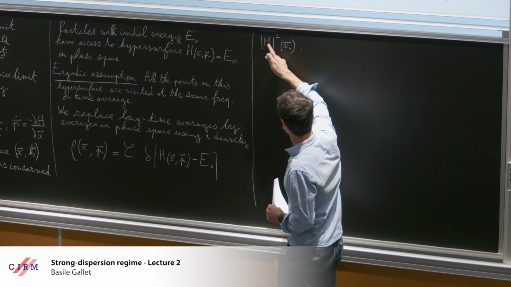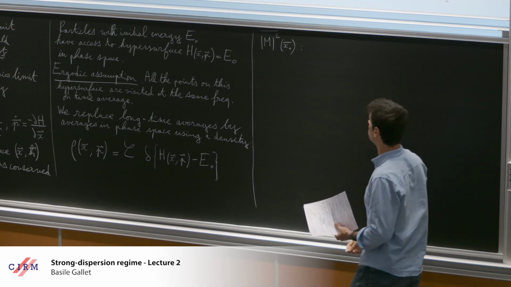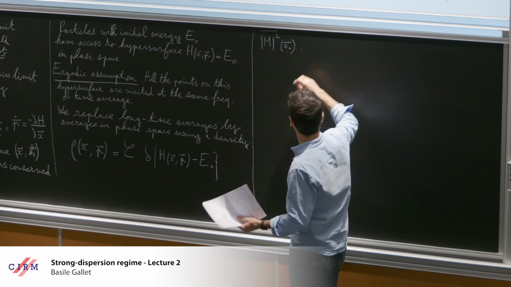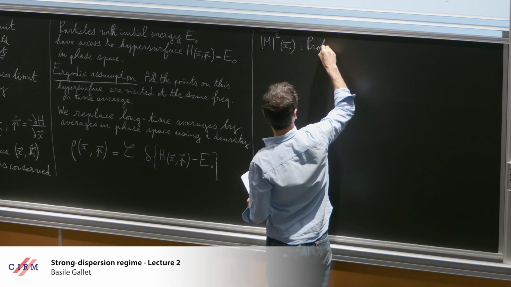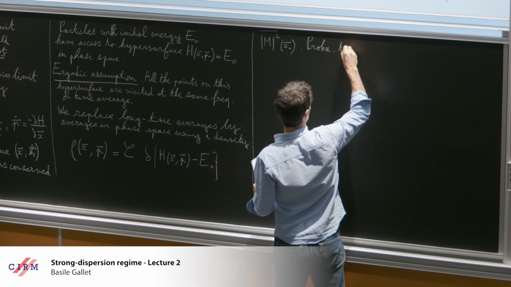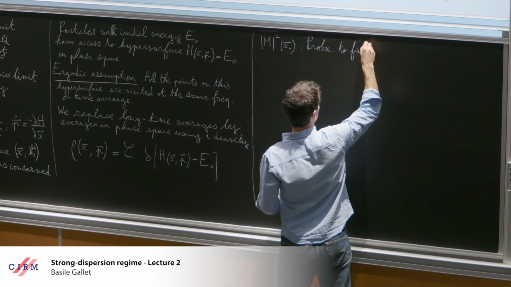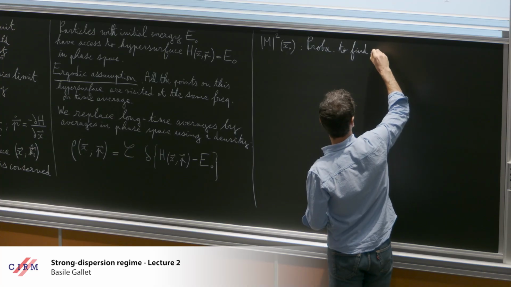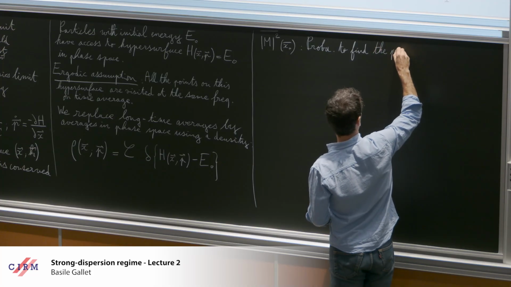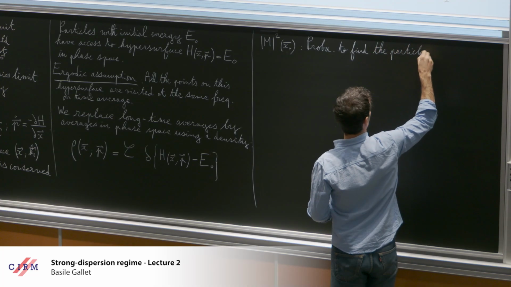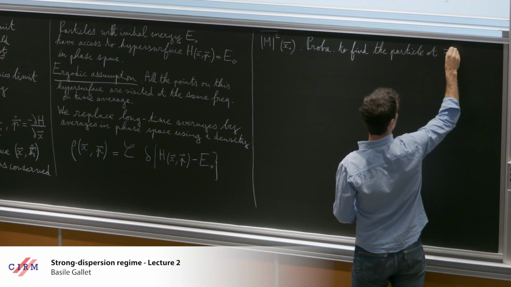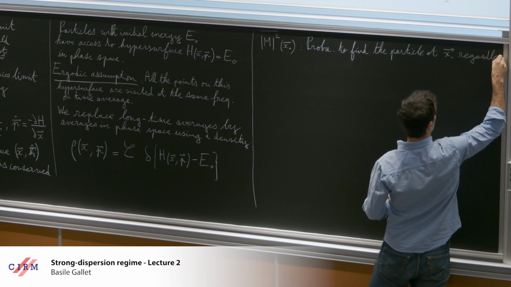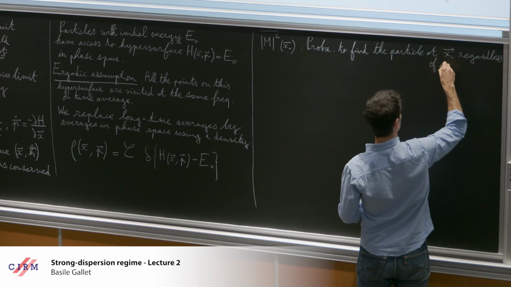So the time average of psi squared is the probability that the particle is at x0 regardless of its momentum. Not sure probability is the right word, but you get the idea. To find the particle at x0 regardless of its momentum.